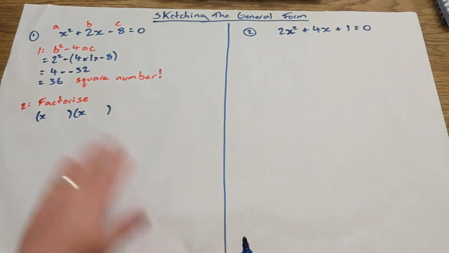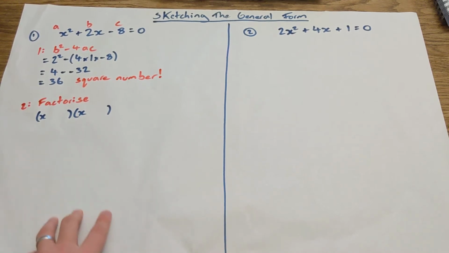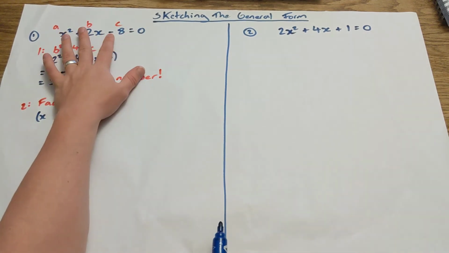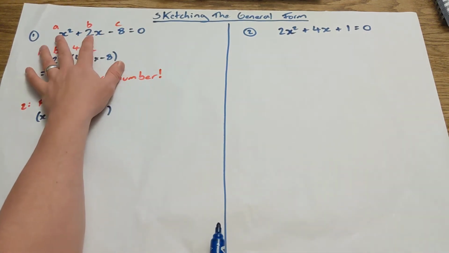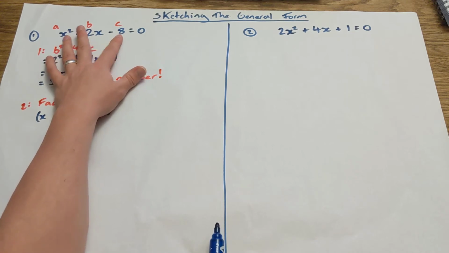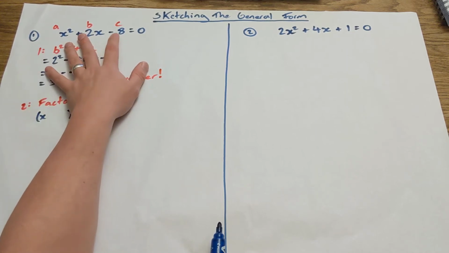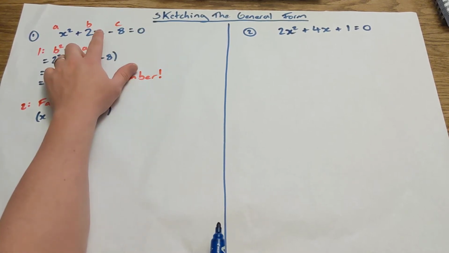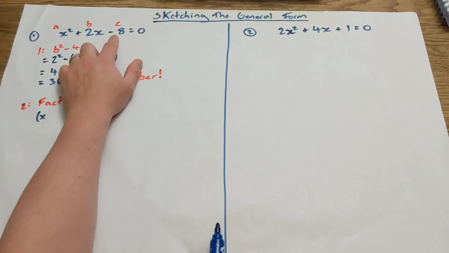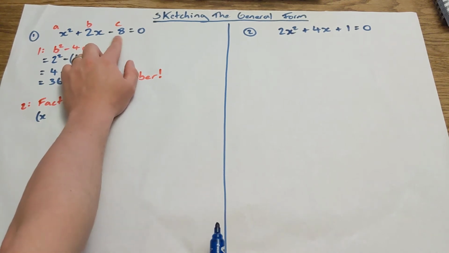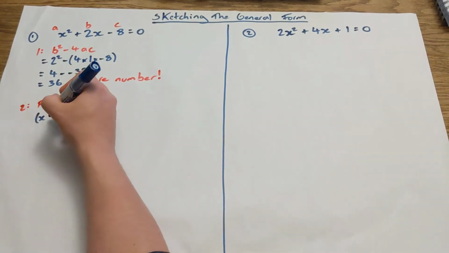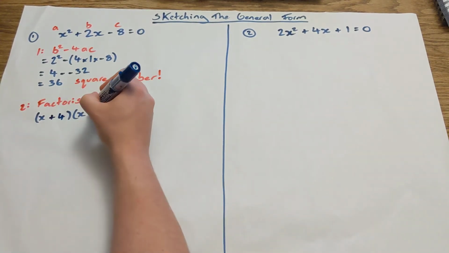Doesn't really matter which. I'd recommend the table method, but just to save a bit of space and time, I'm going to just go through them. Negative 8 and 1 don't add together to make that. 1 and negative 8 don't add together. Negative 4 and 2 don't add together. But 4 and negative 2 do. So 4 times negative 2 gives me negative 8, and 4 add negative 2 gives me 2. So they're the factors I put in here.